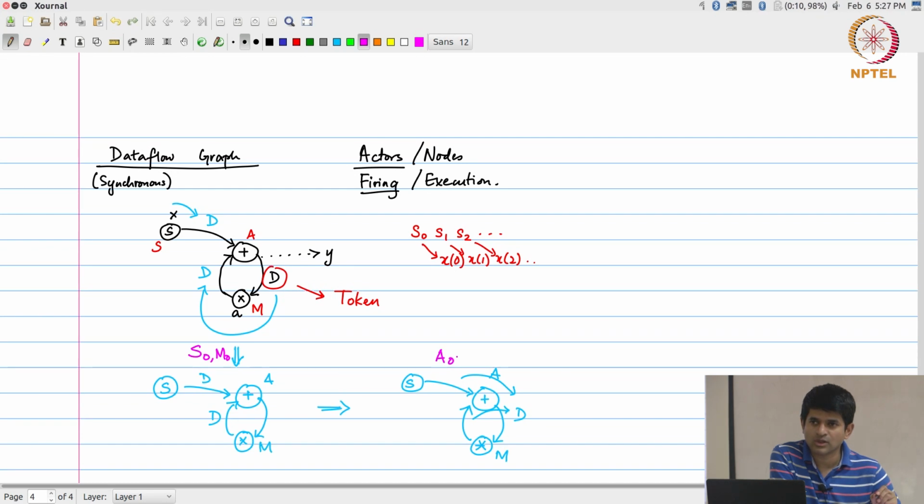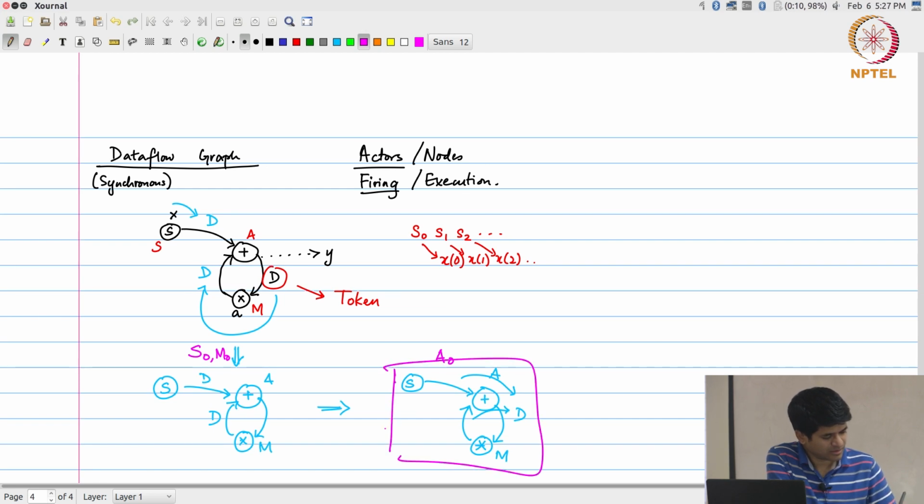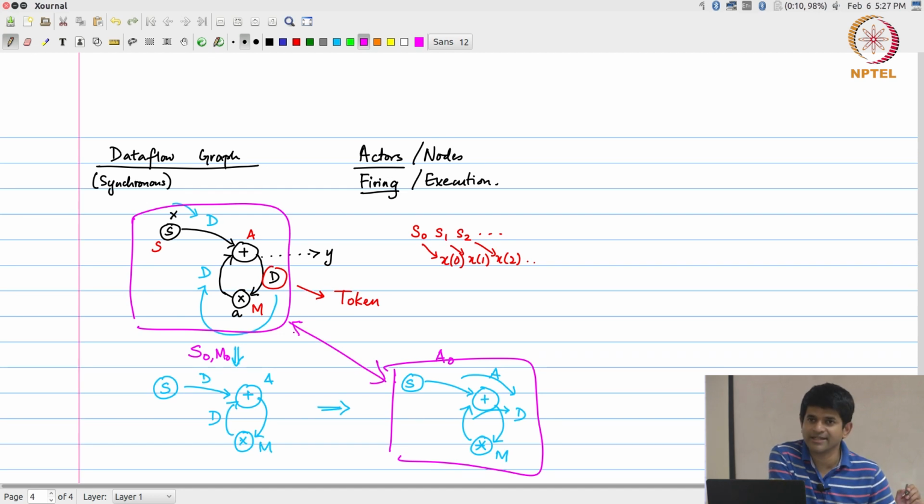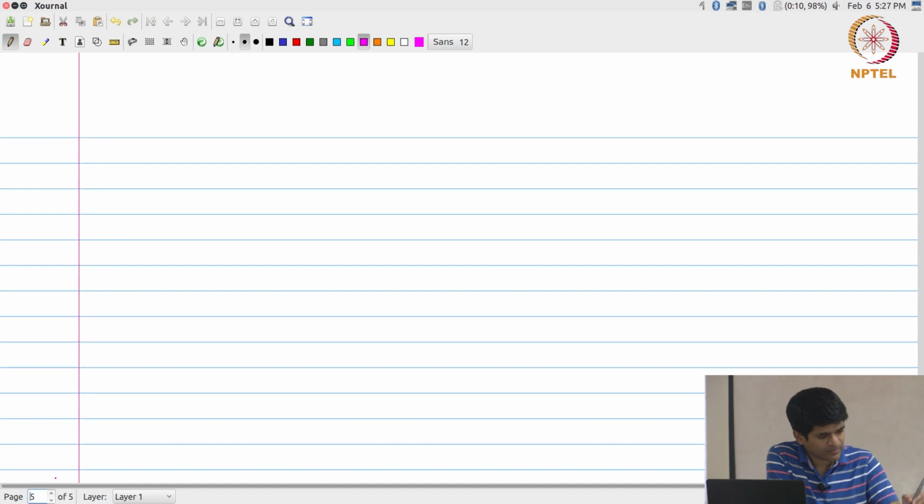So after this sequence S0, M0, A0, the graph is now back to its original state, because if I look at it, these two are exactly the same. In other words, the sequence S0, M0, A0 returned the graph to its original state.